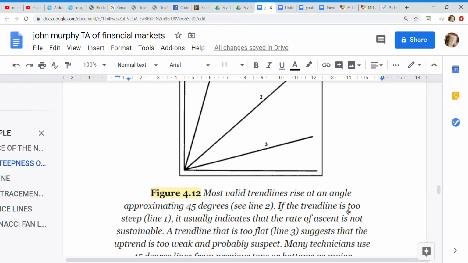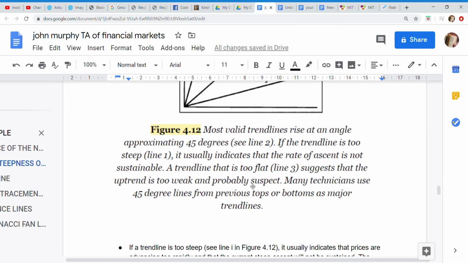If the trend line is too steep, like line 1, it usually indicates that the rate of ascent is not sustainable. A trend line that is too flat suggests that the uptrend is too weak and probably suspect. Many technicians use 45-degree lines from previous tops or bottoms as major trend lines.